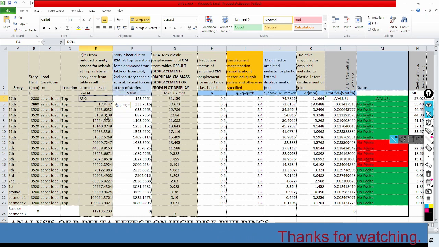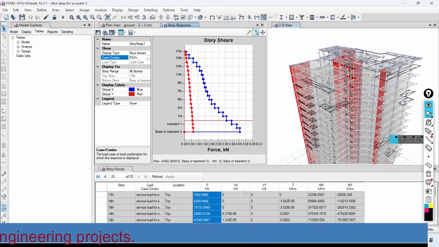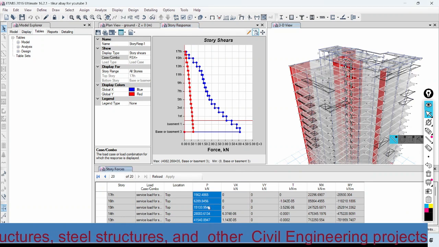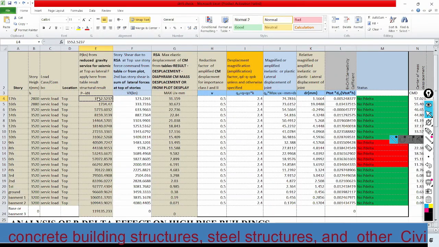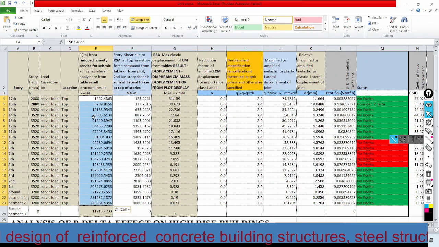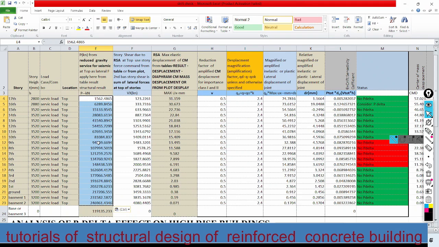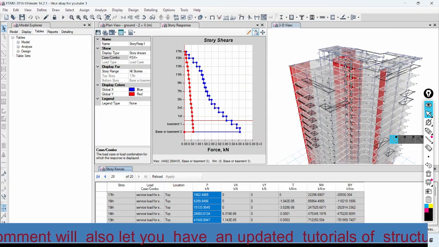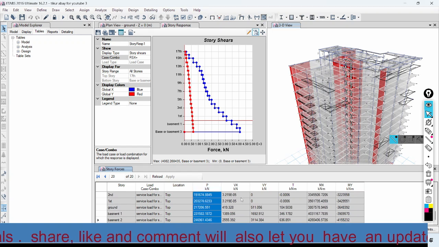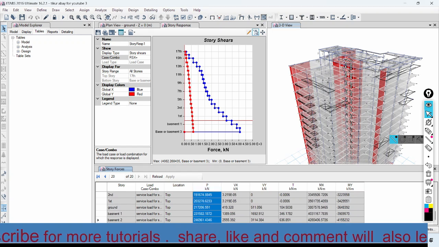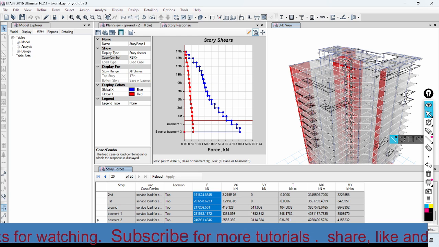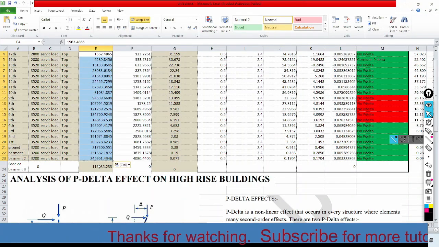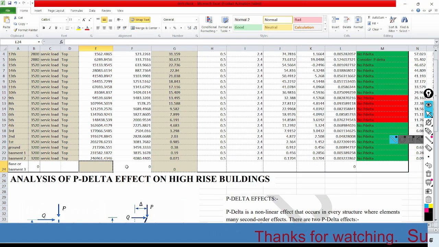So paste it. That means base shear magnitude is 246, and totally this one.